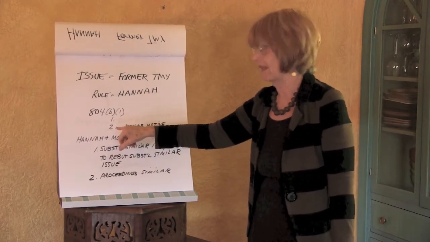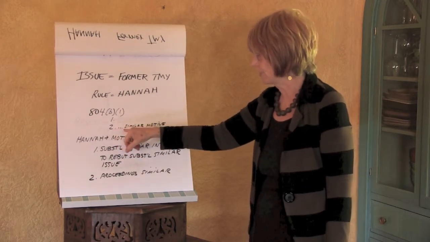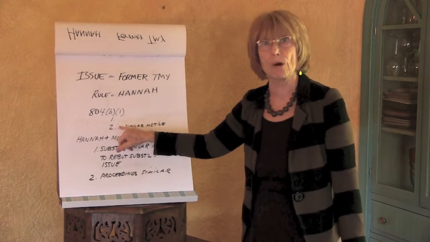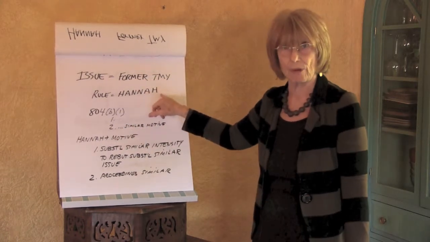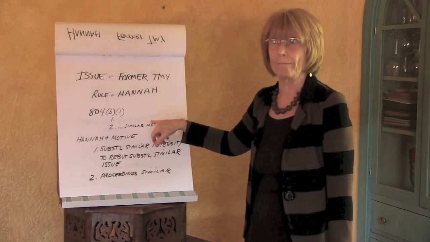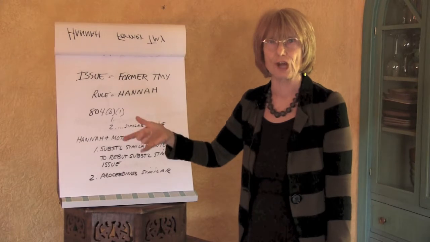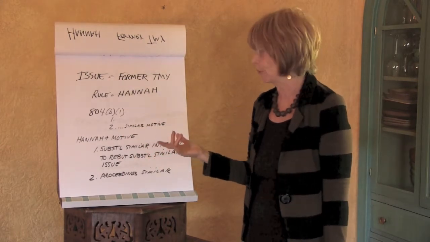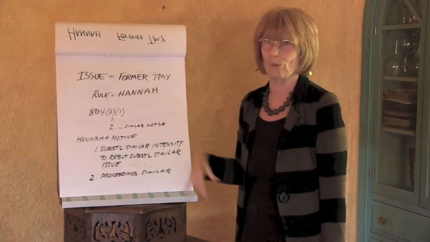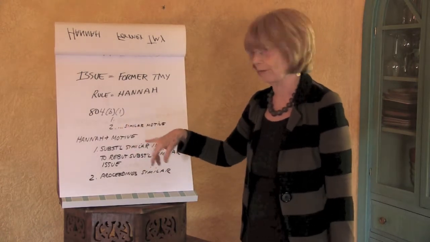The second part is that there be a similar motive for the former testimony, that the person who's trying to now rebut this had a similar motive to rebut it the first time it came up at a prior tribunal. Number 1 is a witness at a trial. And number 2 is had a similar motive to rebut.